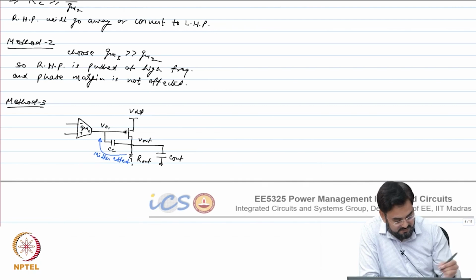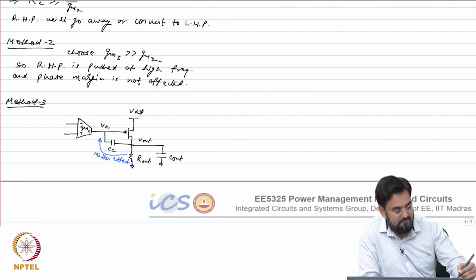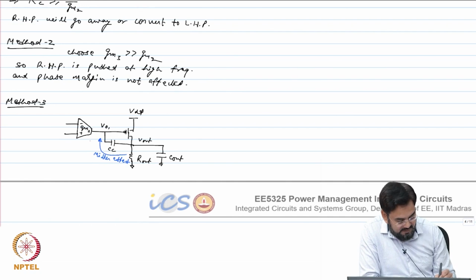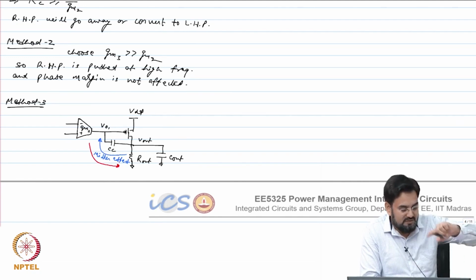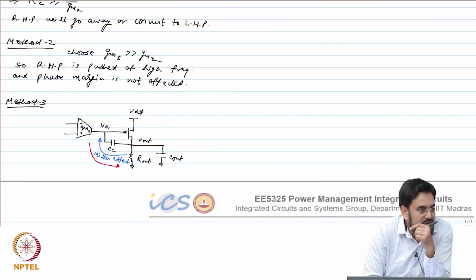And the feed forward current which is going from VO1 to V out, that is causing your right half plane 0.